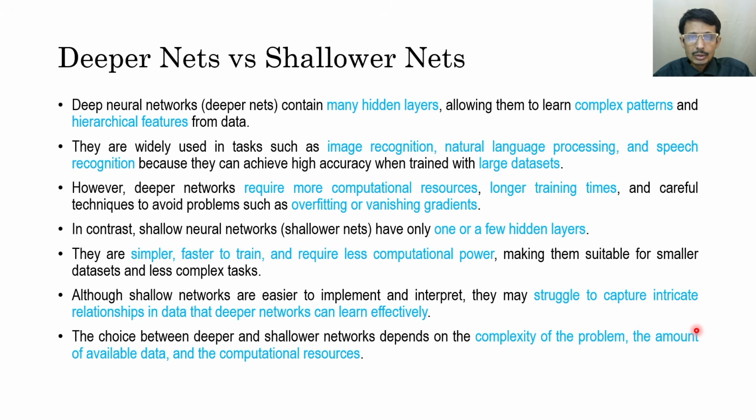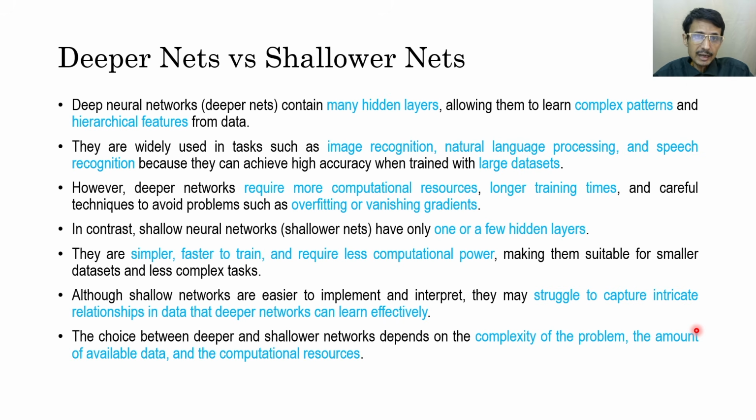So the major disadvantage of a shallow network is that it struggles to capture intricate relationships in data. A deeper network can easily do that. So definitely the choice between deeper and shallower networks depends on the complexity of the problem, the application, the problem at hand, and the amount of available data.